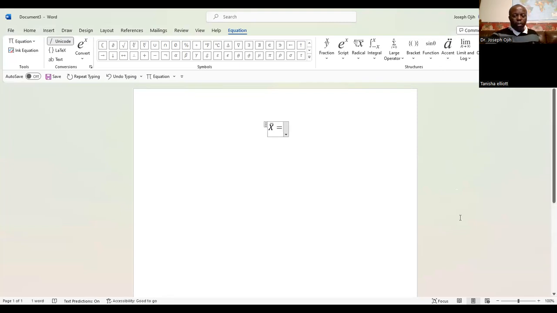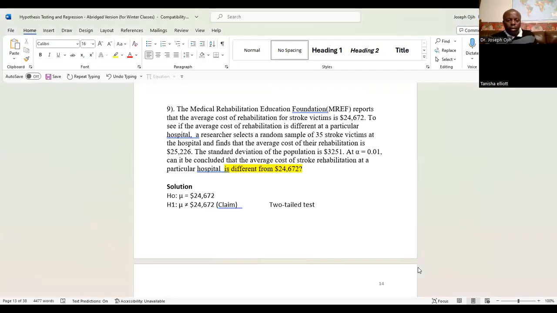X bar equals, from our chart, let me get everything in our chart. Okay, this thing doesn't want to go. Now we have X bar is 25,226.